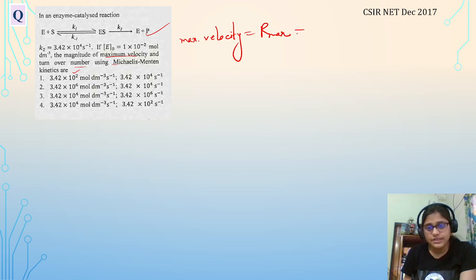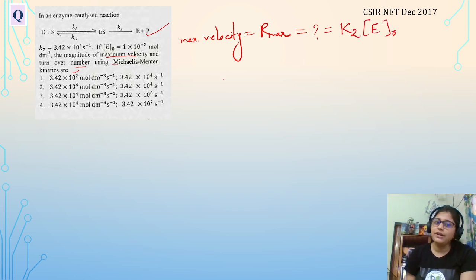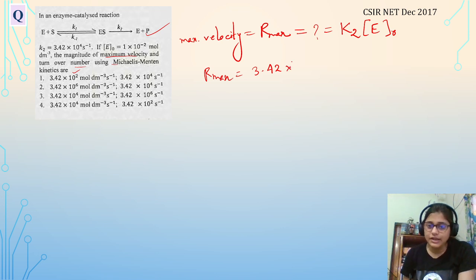So we have to find out R max, and we know it is equal to K2 into E0, right? K2 and E0 both are given, so we should only multiply these two. This is very simple. So the first question was not difficult, I will say, it was just the lengthiest.